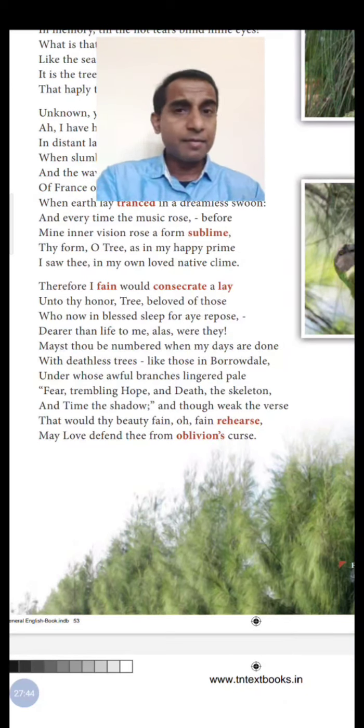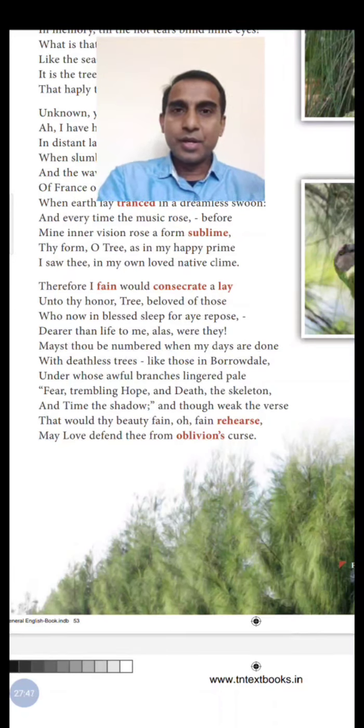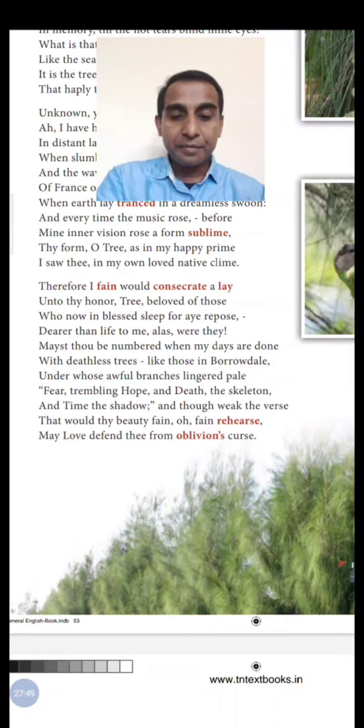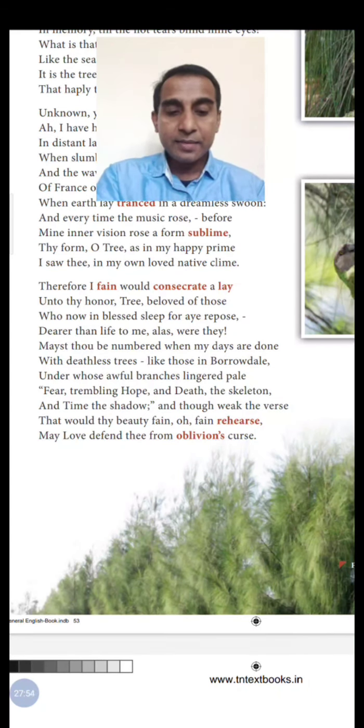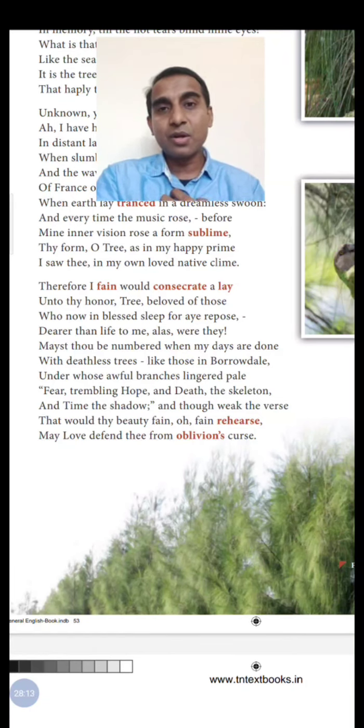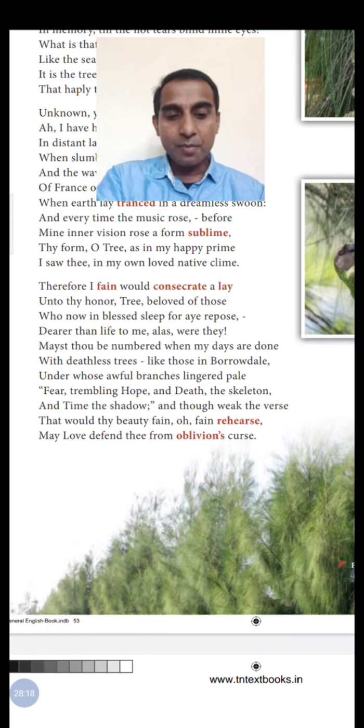Now beneath that tree, Wordsworth says, all these things will be there. What? Fear, trembling hope, death, the skeleton, untime the shadow. So all fear, fear of the future, the present, death, every hope, everything is under the tree. Likewise, it is the human mind also, isn't it? All these thoughts are with us as well. So here she says, I am having all these thoughts in my mind, all these qualities, but I want my tree to be immortal.